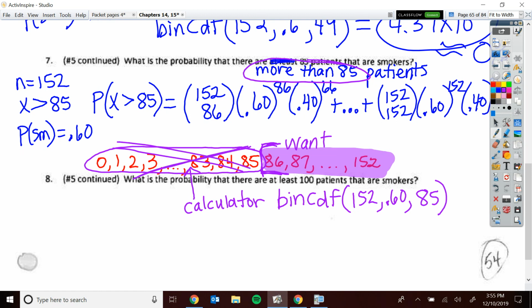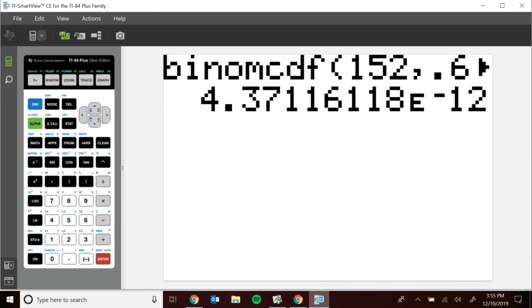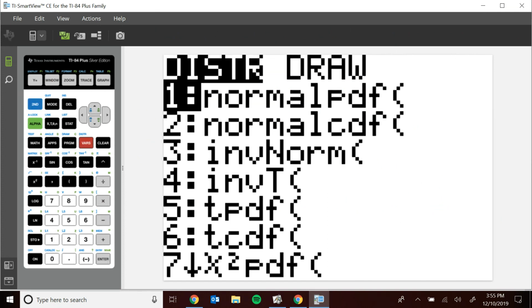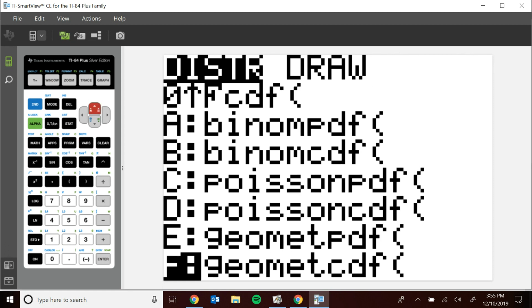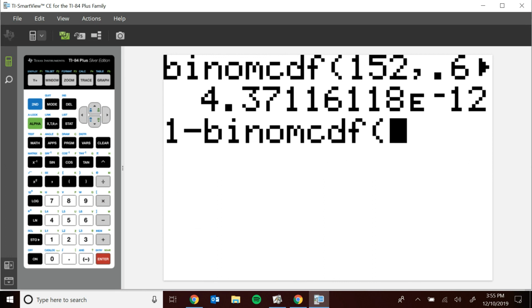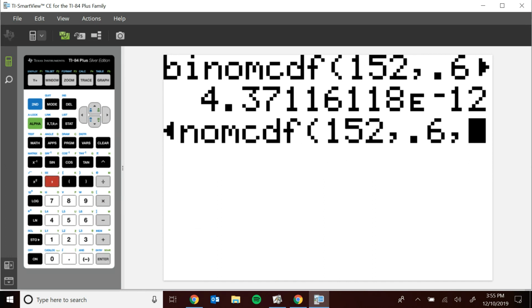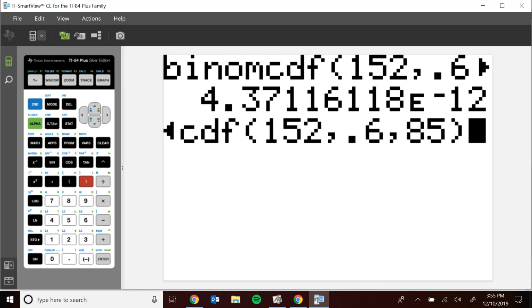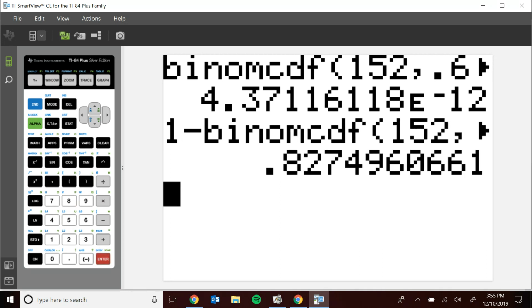That's the answer. So I'm going to do 1 minus, I'm going to take off my accumulation of 152, 0.6, and I'm taking off the bottom 85.